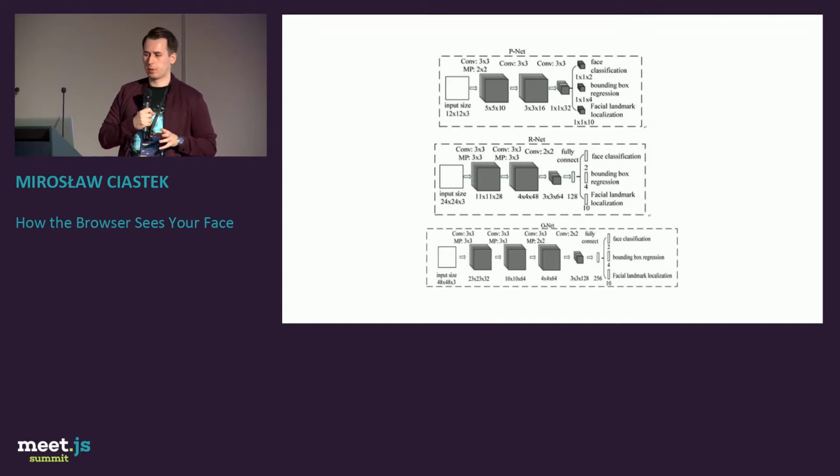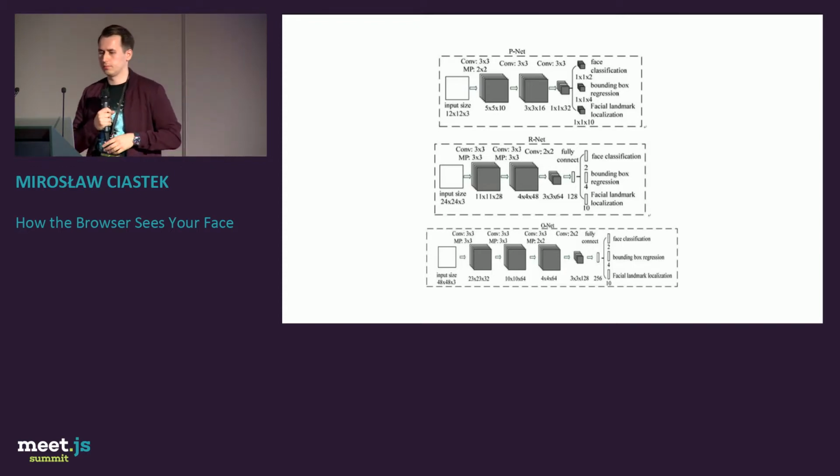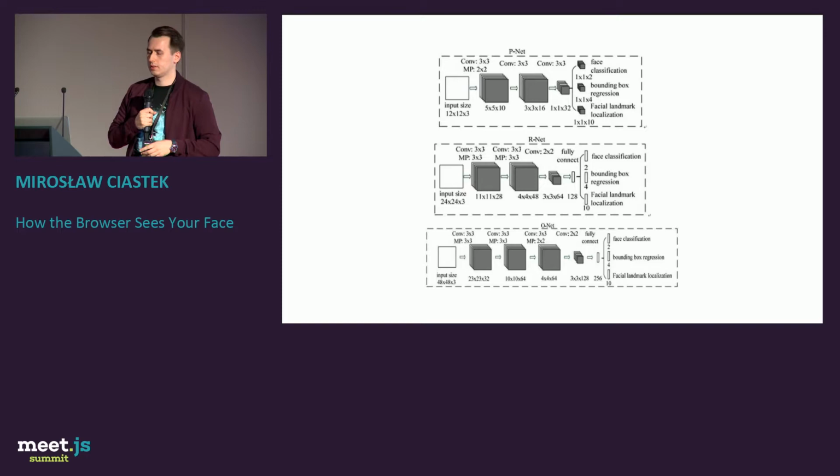The first one is the proposal net, so it gets our initial proposals. The refinement clears all the wrong detections, and the output gives us the final result. The combination of these networks gives us a better result than a single neural network.